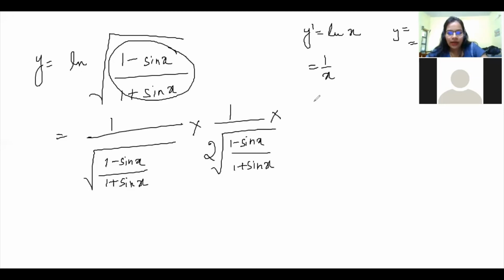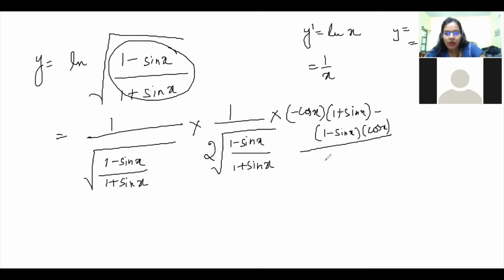So differentiation of the numerator is going to be minus cos x, into 1 plus sin x, minus 1 minus sin x into the differentiation of the denominator, so that becomes cos x, divided by (1 plus sin x) whole square.